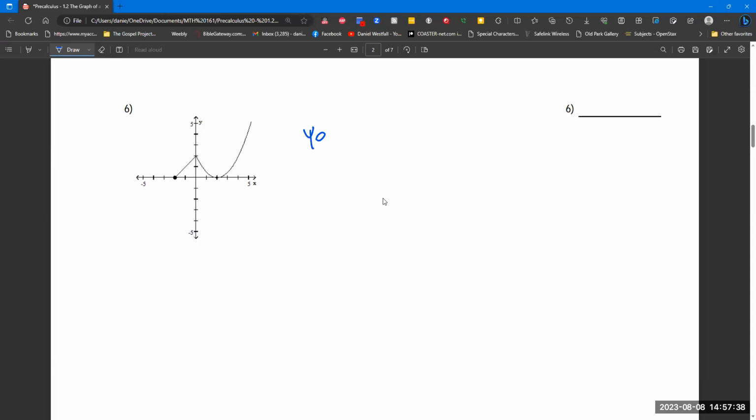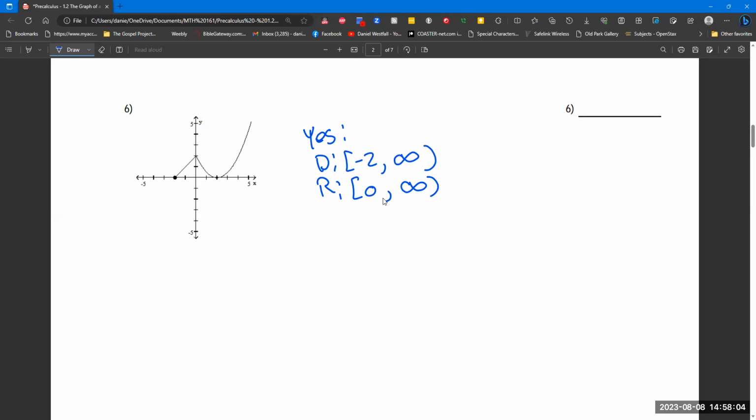So yes, and its domain is going to be from -2 included to infinity not included. And its range is going to be from 0 included as the lower bound, if I'm going from bottom to top, all the way up to positive infinity.